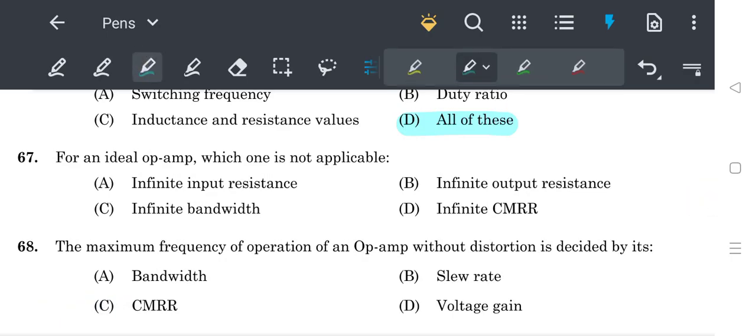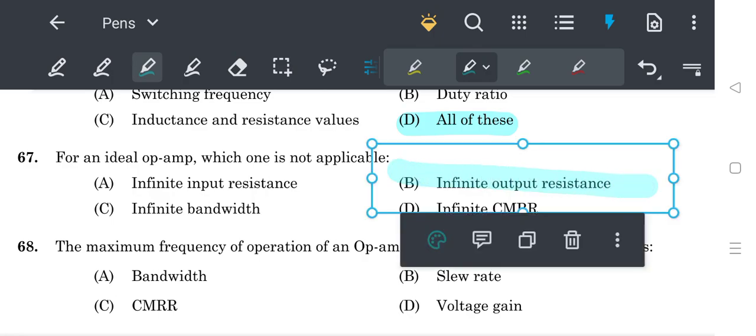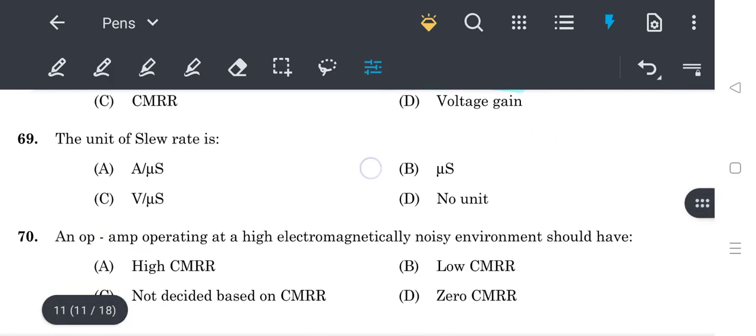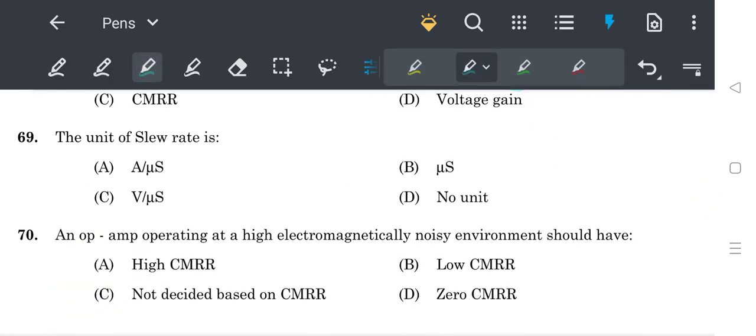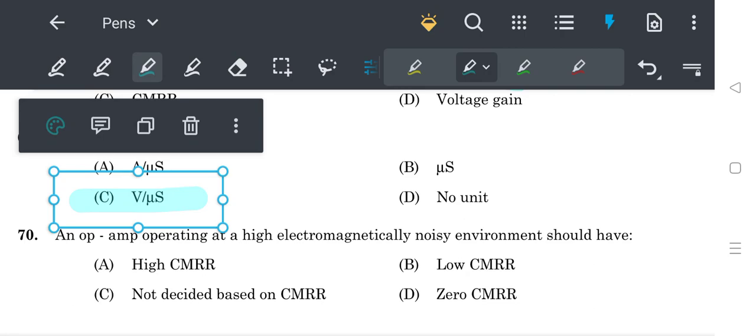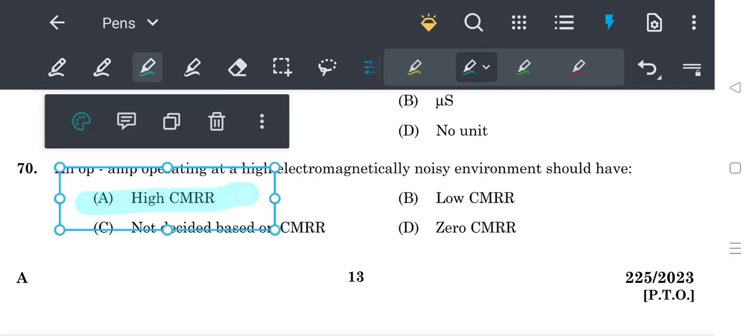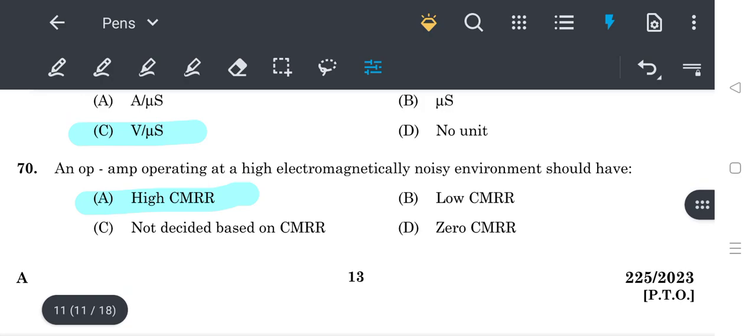For an ideal op amp, which one is not applicable? Answer, infinite output resistance. The maximum frequency of operation of an op amp without distortion is decided by its slew rate. What is the unit of the slew rate? Option C. Next one, an op amp operating in a highly electromagnetically noisy environment should have a high CMRR.